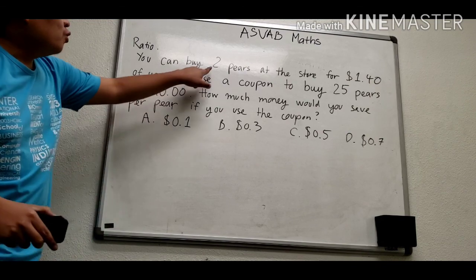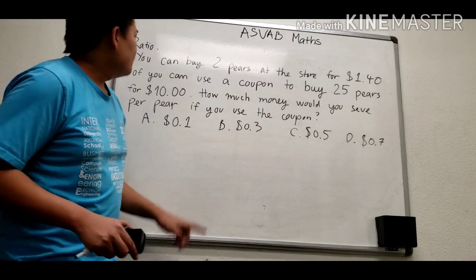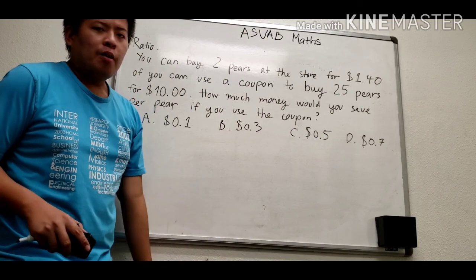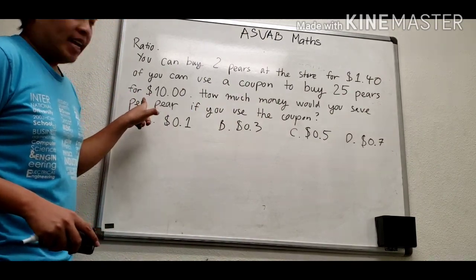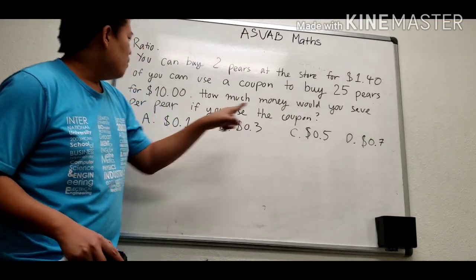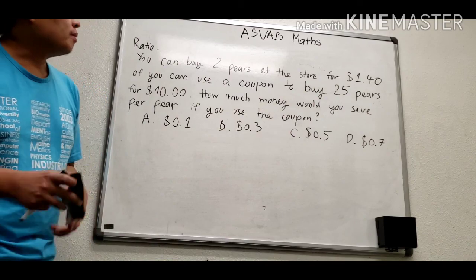You can buy 2 rolls at the store for $1.4, or you can use a coupon to buy 25 rolls for $10. How much money would you save per roll if you use the coupon?